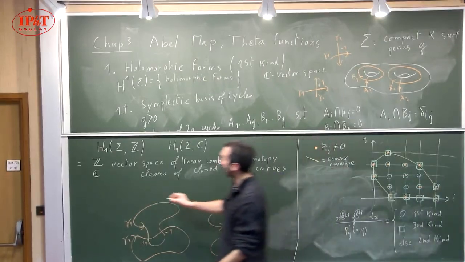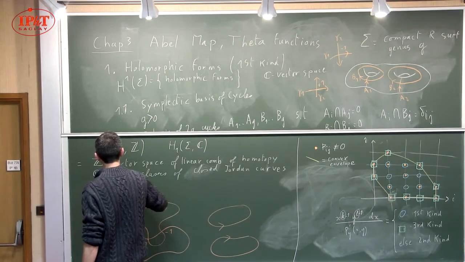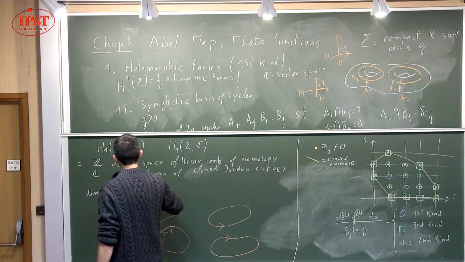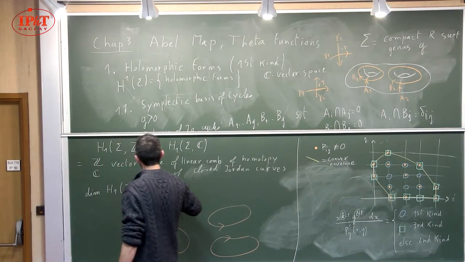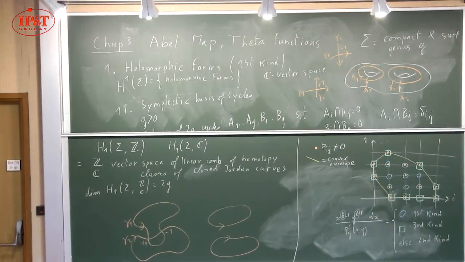And the dimension, either Z or C, is 2G. So we shall admit that on a genus G curve you can always find 2G independent cycles, and you can find a symplectic basis.